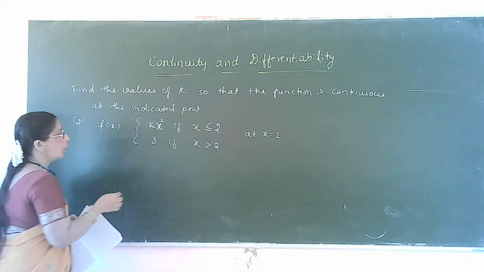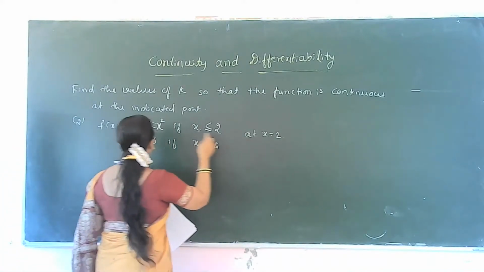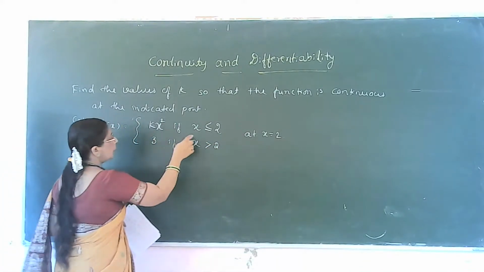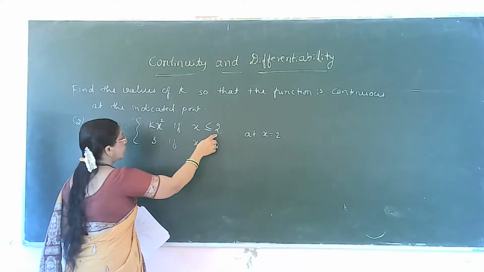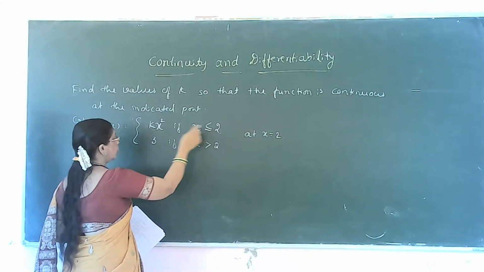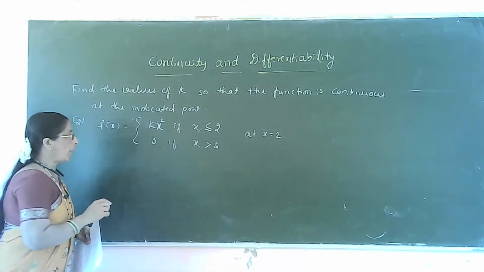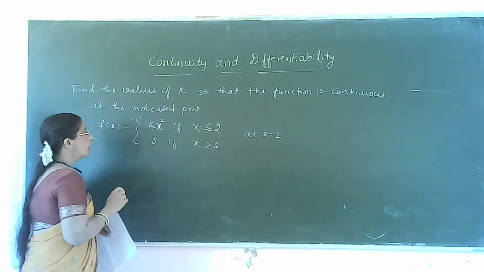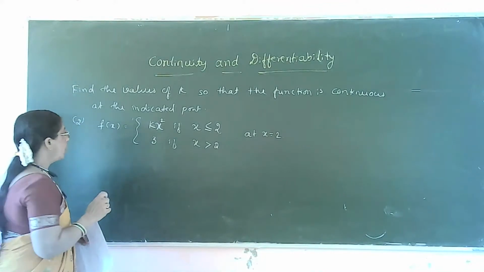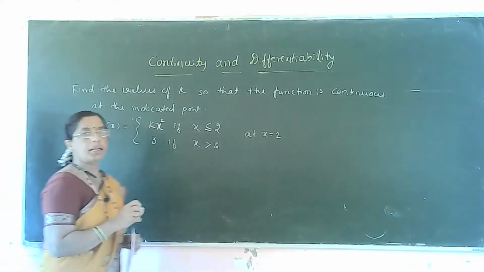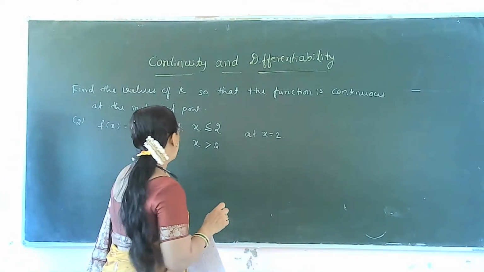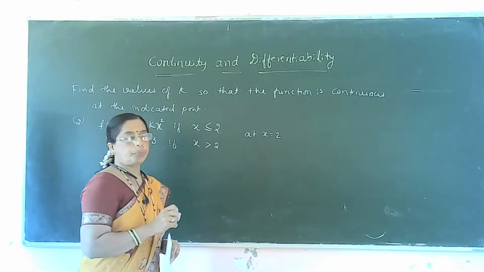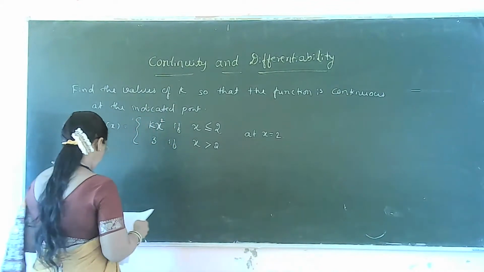Here also the function is continuous at x equal to 2. Then we find the LHS limit and RHS limit and f of 2 also. Then we equate them.